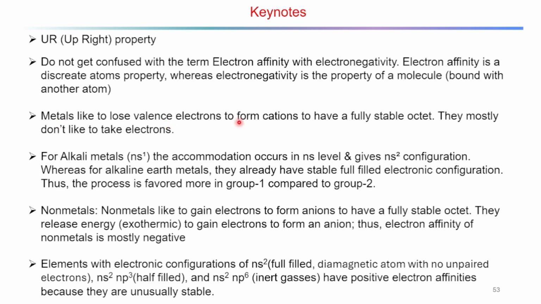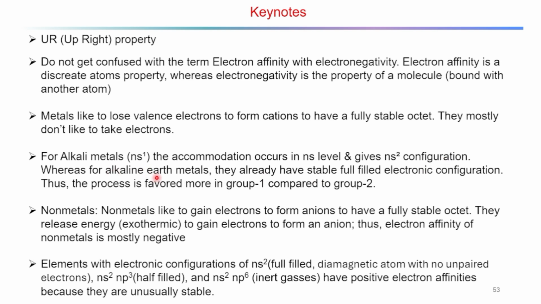Metals like to lose valence electrons to form cations to have a fully stable octet. They mostly don't like to take electrons. So that's why for metals, the electron affinity value is very small or sometimes greater than 0. For alkali metals, with ns1 electronic configuration, the accommodation occurs in the ns level and gives ns2 configuration.